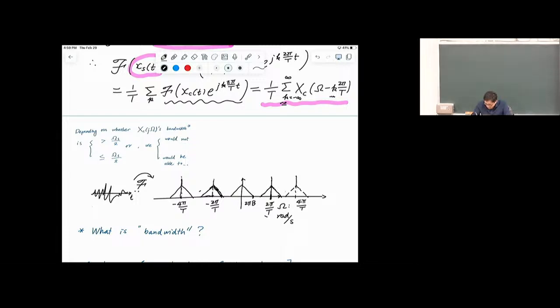That means this copy and the next copy are far enough away from each other, so their spectrums do not overlap. This is good. Okay, so now it should become clearer why we need to sample at least 2 times higher than the bandwidth. Okay, because the bandwidth is this half, right? The width, that's the bandwidth.